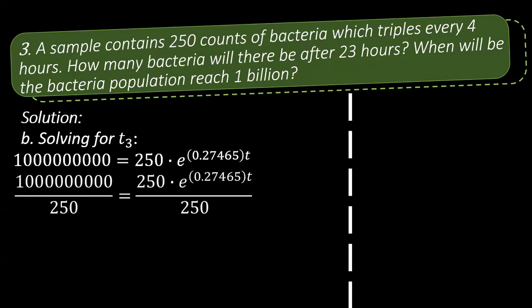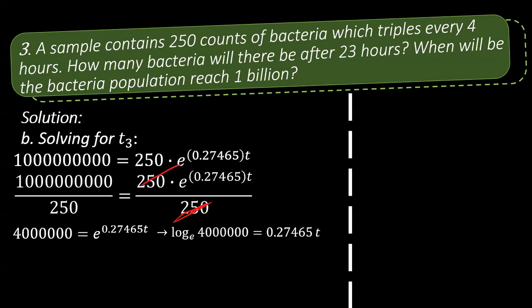Dividing both sides by 250, we will get 4 million is equal to e raised to 0.27465t. Then we rewrite it as the logarithm of 4 million to the base e is equal to 0.27465t.